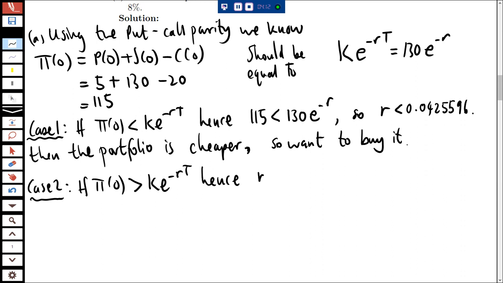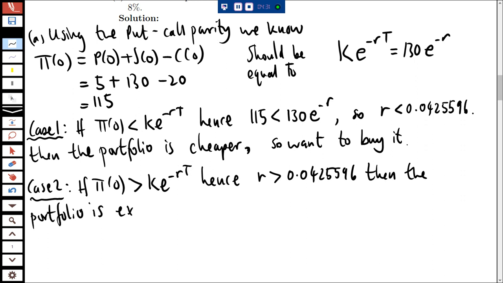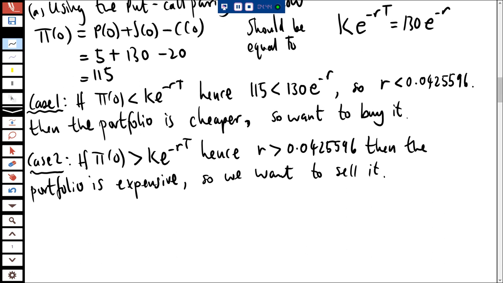This means that the rate must be bigger than 4.25596%. And in this case, the portfolio is expensive. So we want to sell it. Okay, we want to go short on that portfolio. So we want to do the opposite.